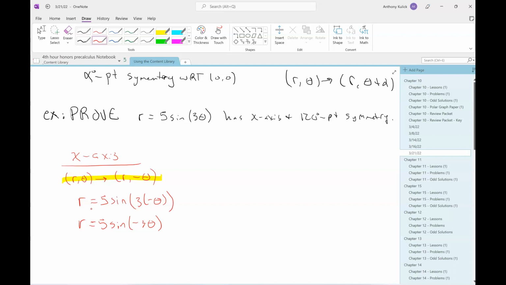Oh my goodness. Great googly mooglies. This was supposed to be y-axis symmetry because it doesn't have x-axis symmetry, Mr. Kulik. Way to go confusing everybody. You know, just stop being so hard on yourself. It happens. People make mistakes. So I did this, I did this, I did this, and I did this.